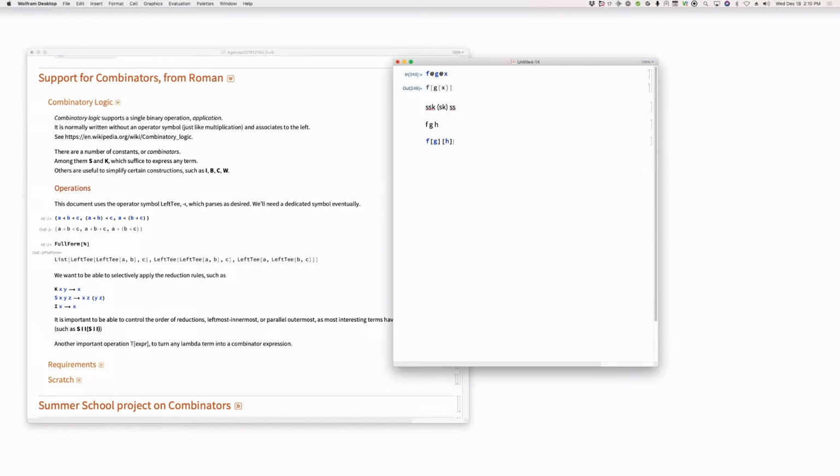Okay. So it's an infix form of what is otherwise a matchfix function application thing. That's a bad way to say it.